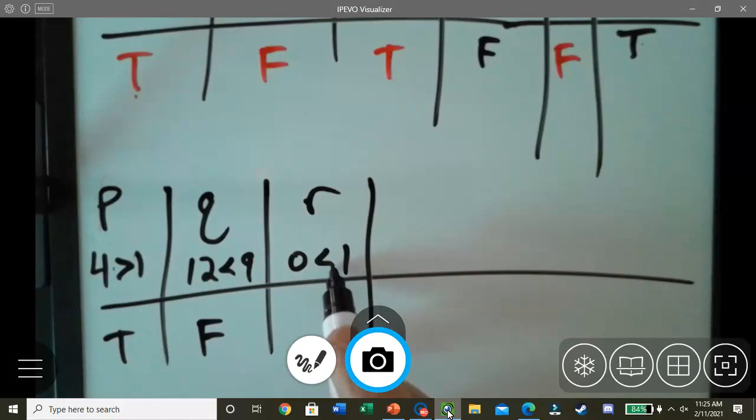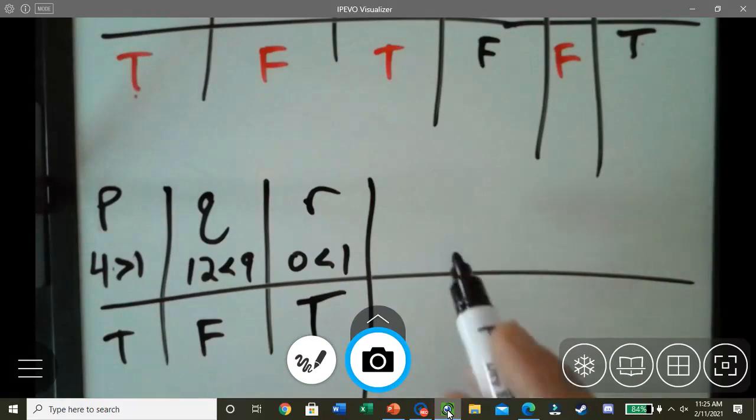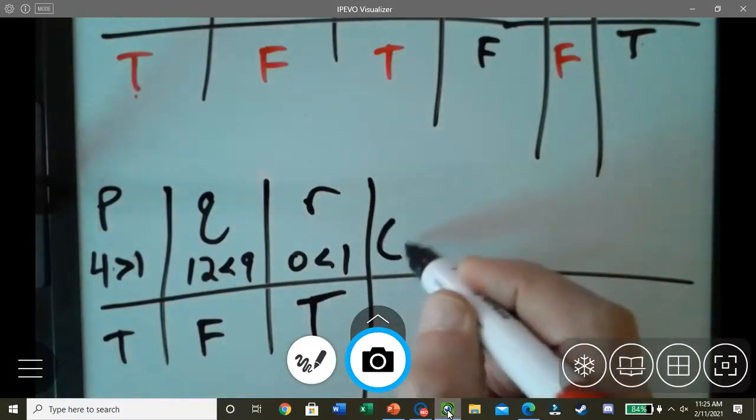True. Okay, so now we're looking at the truth table.